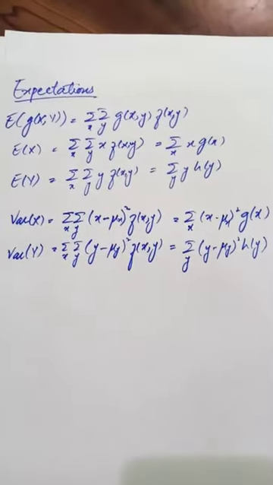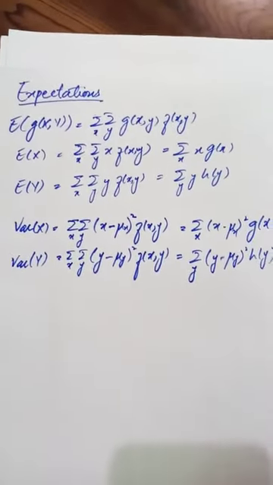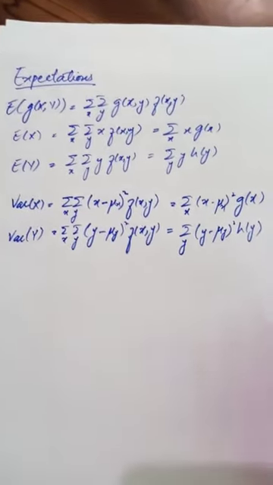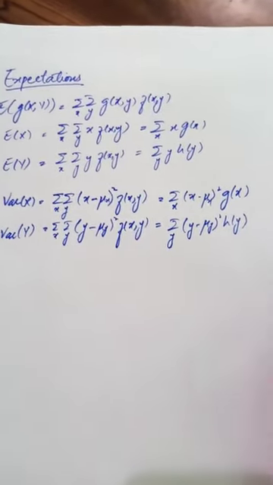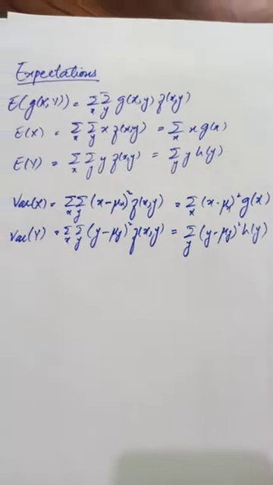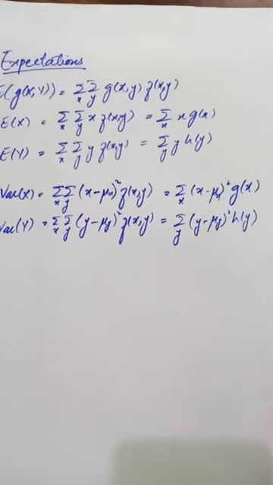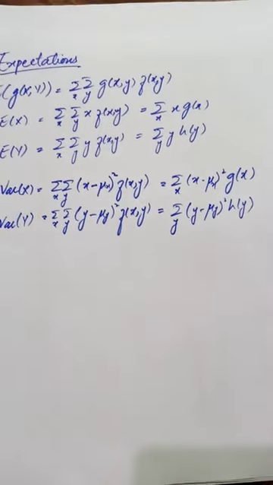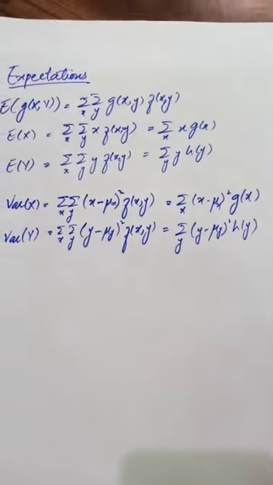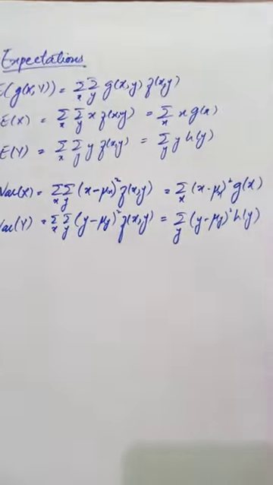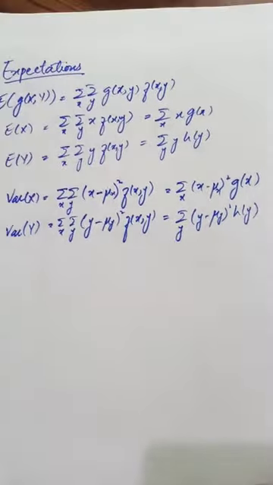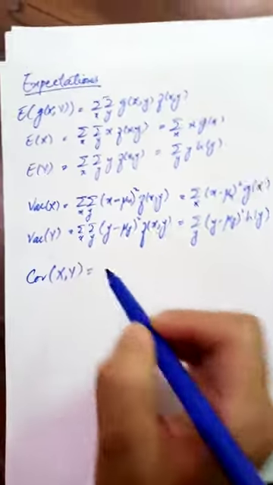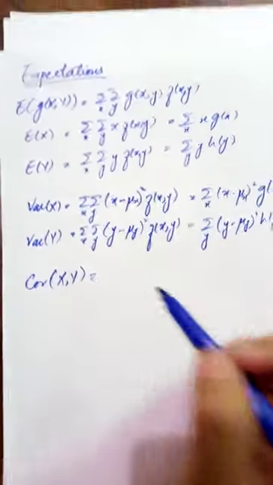Furthermore, when we have two variables, we have another quantity that we can compute. It's the covariance of x and y. Covariance tells us how the two variables are related and how their variation is connected. How do these two variables vary together? So we can compute the covariance of x and y.